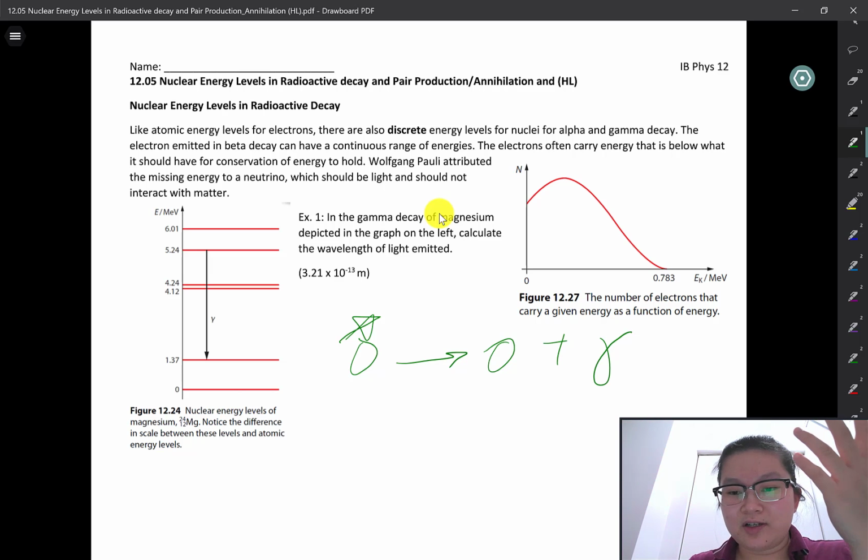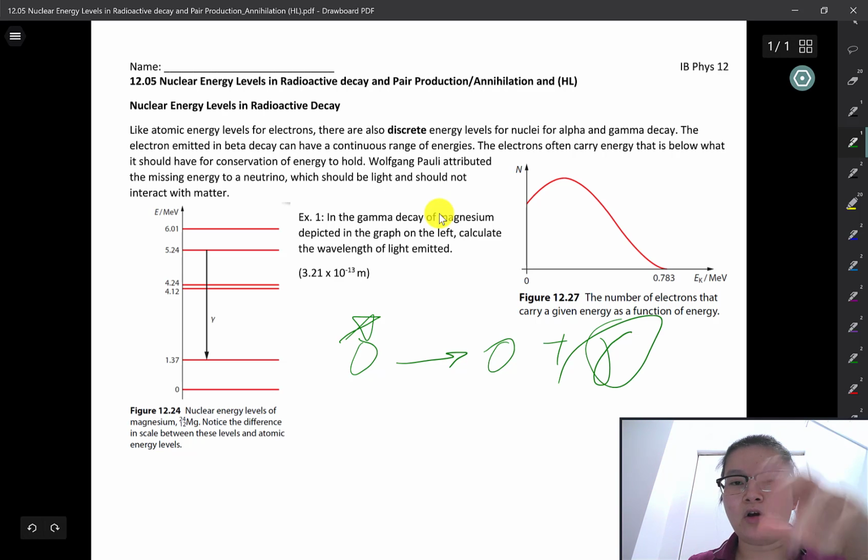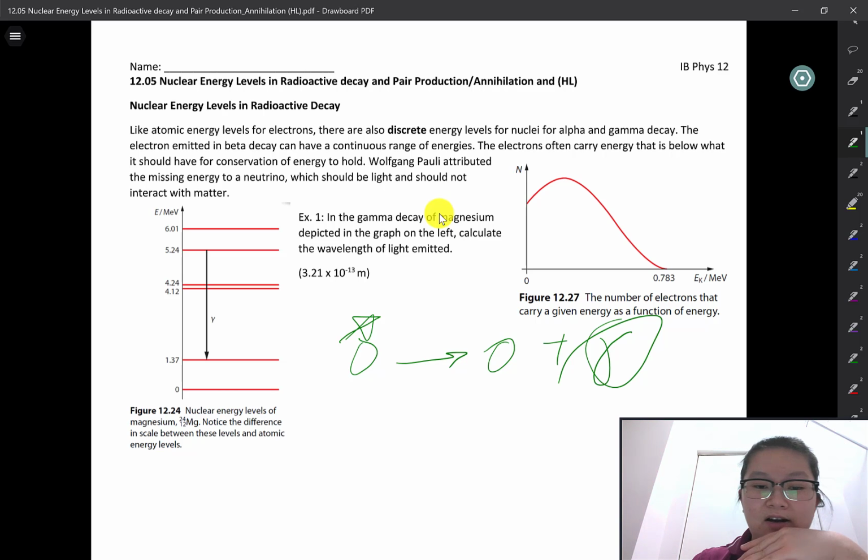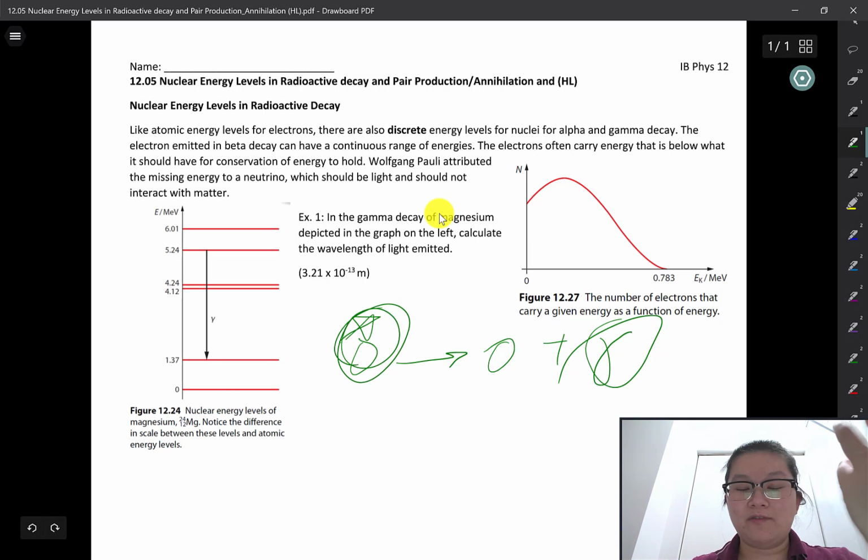And through these gamma decays, we detect that this gamma particle corresponds to very specific, very discrete energy levels, which then correspond to discrete energy level transitions of our excited nucleus, okay?